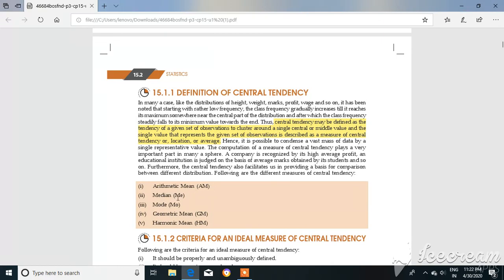Median gives you division of data into equal parts. This mode is nothing but what? It is highest value or peak value of your data. Geometric mean is nothing but you are going to consider nth root of given observations, and harmonic mean is you are considering reciprocal of each and every observations average. So this is harmonic mean. So this we are going to consider in this measure of central tendency.